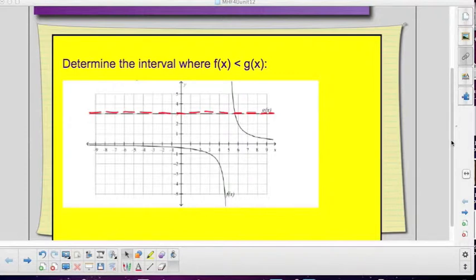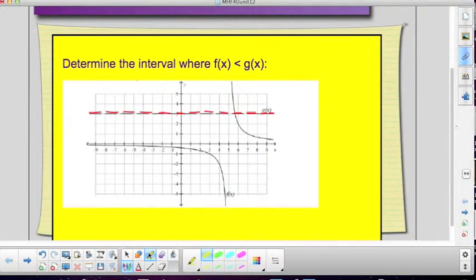Okay, so this is our g of x graph, and that is our f of x graph. Now, I notice that there appears to be an asymptote at the x is equal to 5 mark.